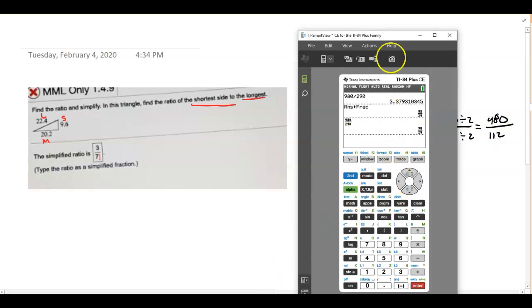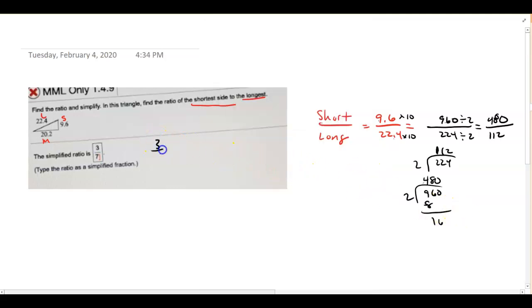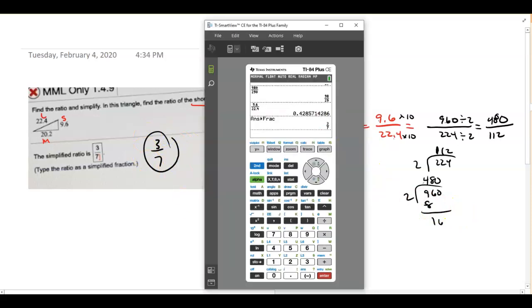But if I have a calculator and I want to reduce real quickly, all I'm going to do is go alpha y equals 9.6 over 22.4, and I hit enter. That gives me a decimal, but if I want to, I hit the math button, enter, enter, and it would reduce the fraction to 3/7.